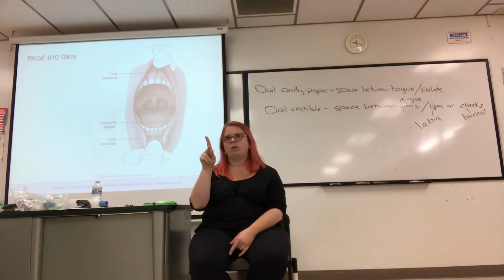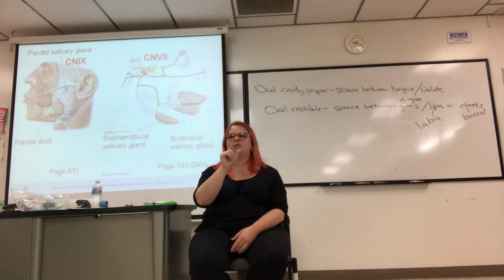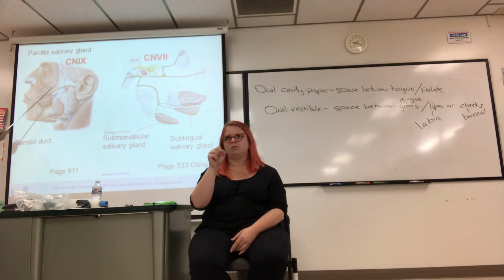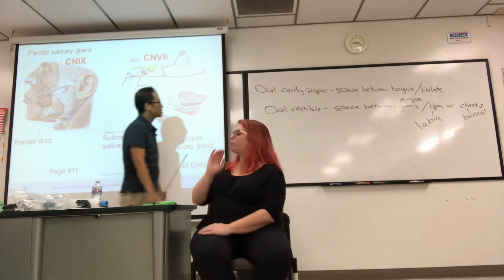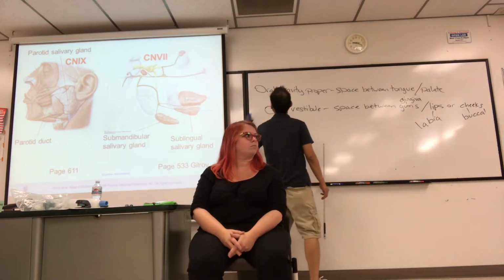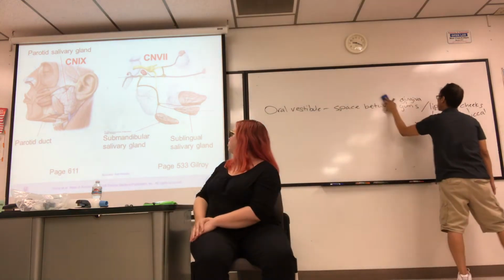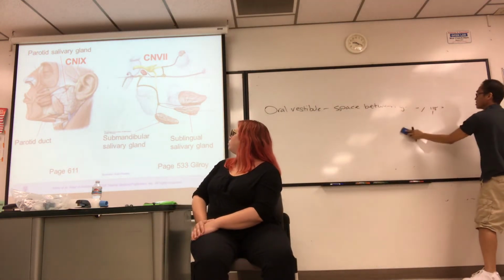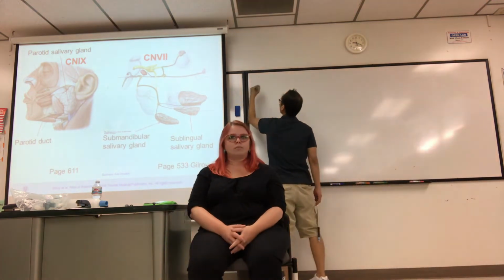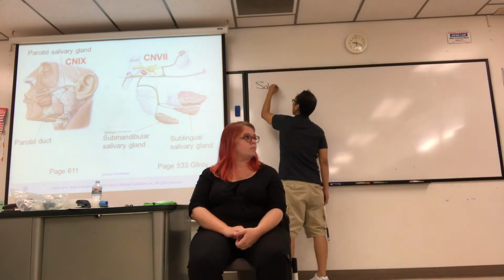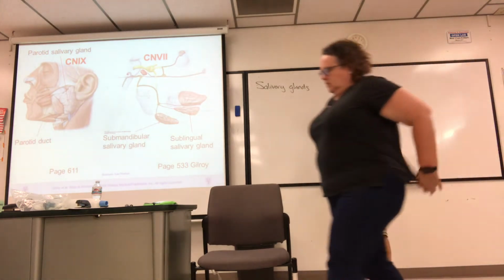But let's talk about other things like salivary glands and teeth. Salivary glands, there are three that you have to know, shown here, and know their innervation: cranial nerve 9, glossopharyngeal, and 7, facial. Salivary glands are accessory organs.